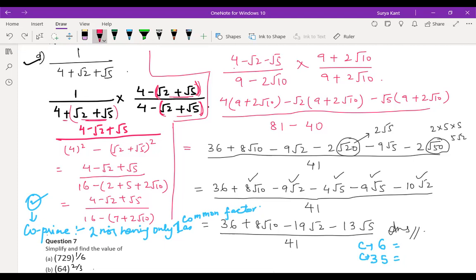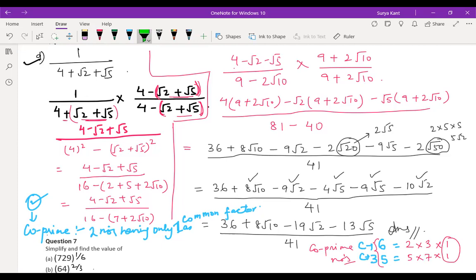6 you can write 2 into 3, but 6 and 35, the factors are 2 and 3 only. So these both are composite numbers. Sorry, co-prime numbers. It looks like co-prime by name, people will get confused here.